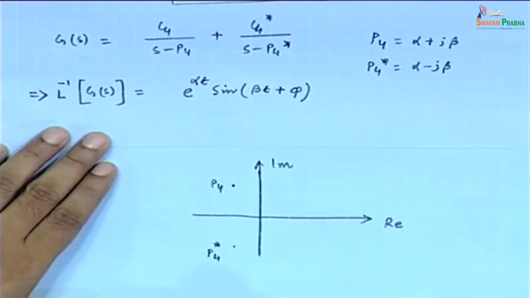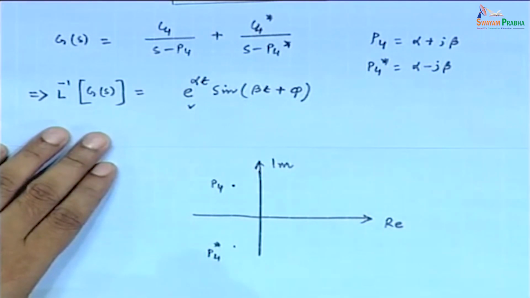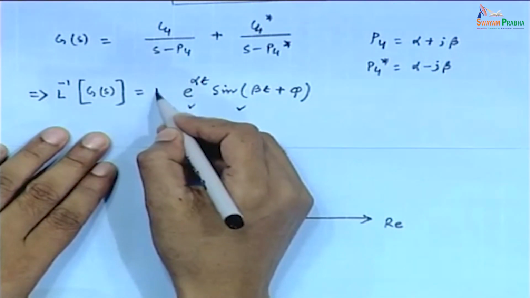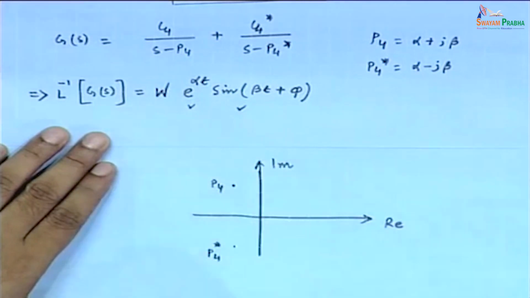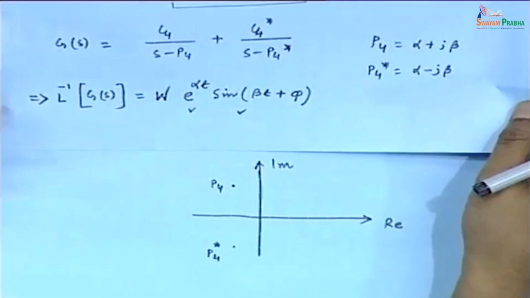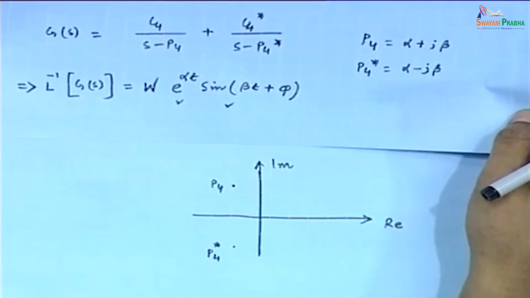Fine. Now, this right hand term may be multiplied with some value, suppose w. Fine. So, next we will consider the different situations, I mean different values of alpha.